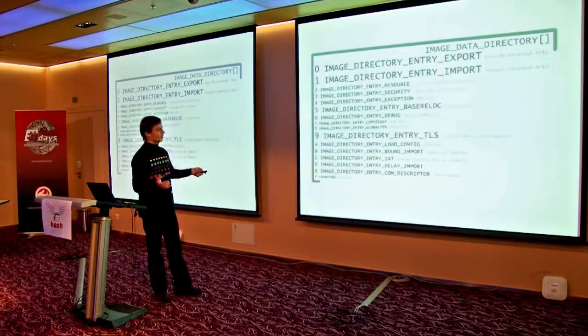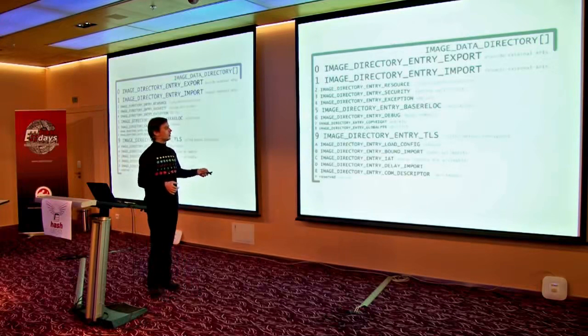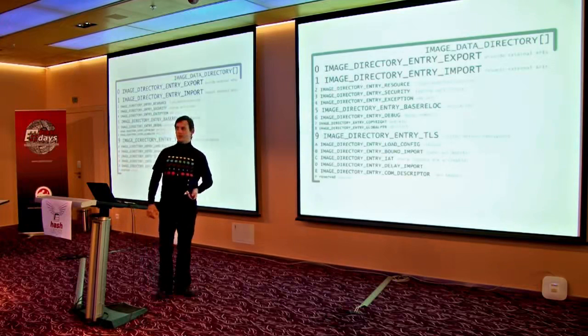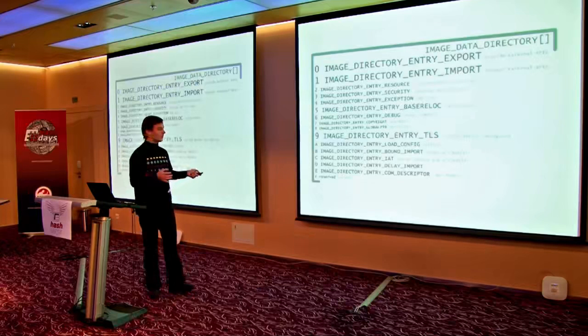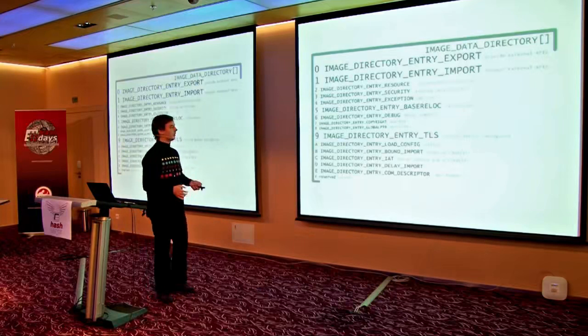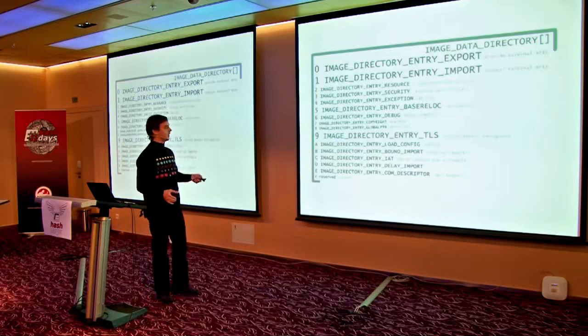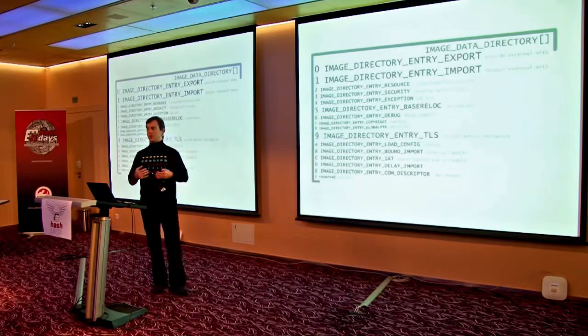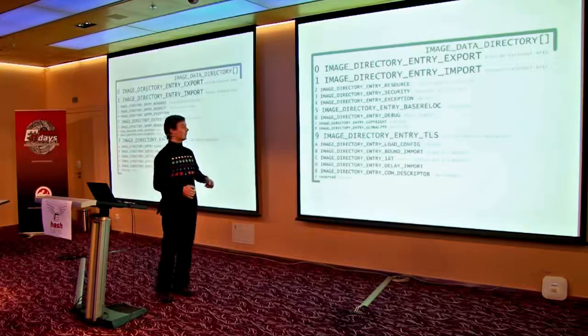Debug is obvious, it is only present when you compile with debug. Copyright or architecture is useless. Global pointer was only used in Itanium, an Itanium structure, the relocation equivalent, and Itanium is not used on x86 and 64-bit. TLS is important because it can contain code that is actually called before the entry point is called.